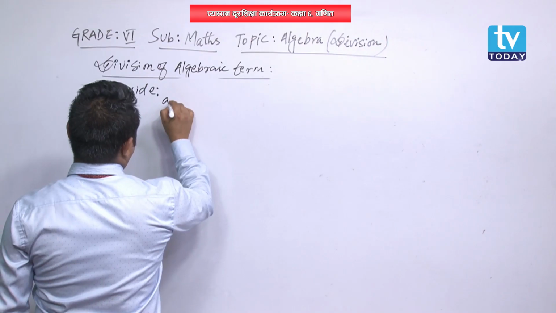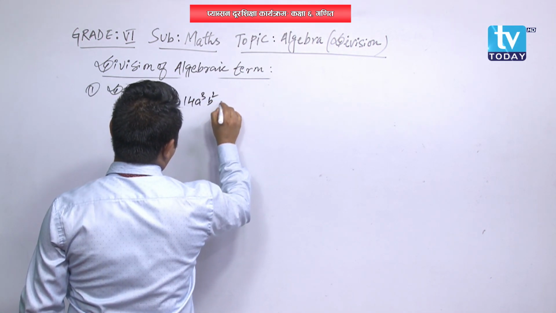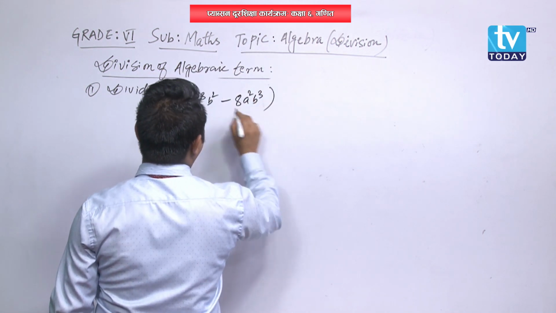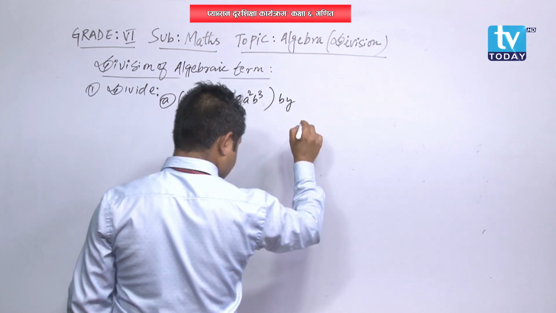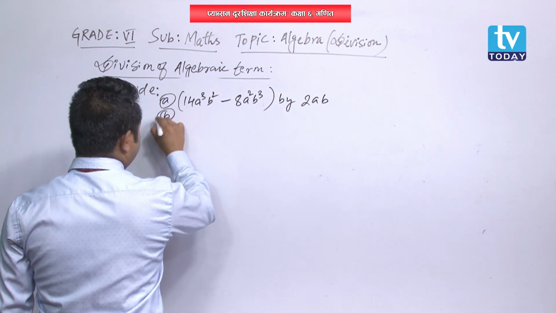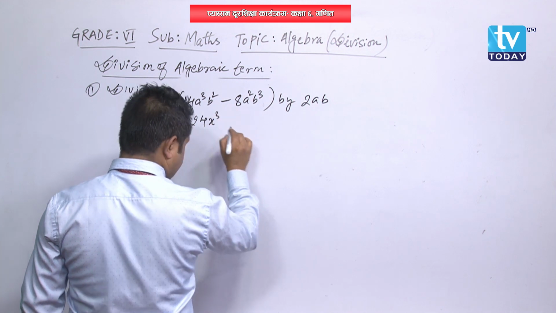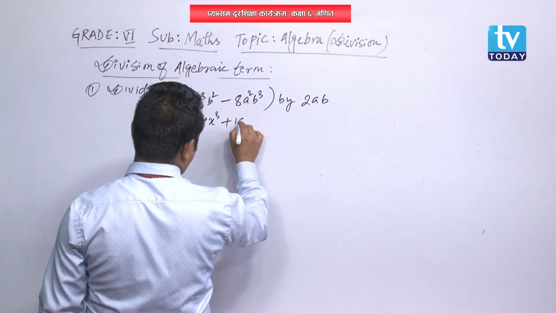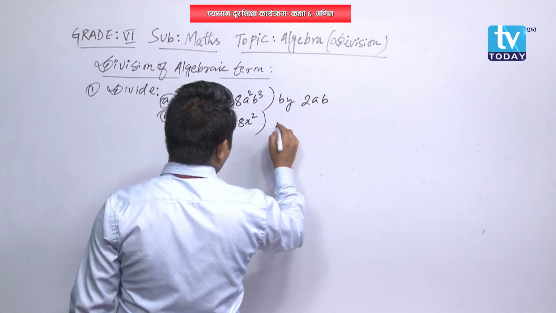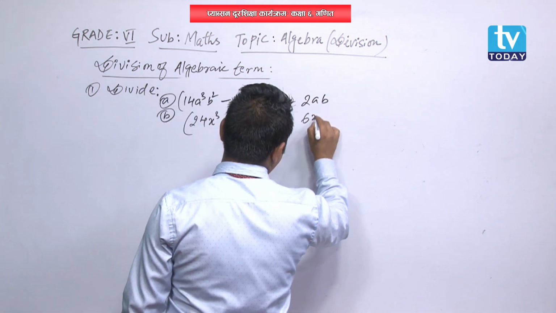Okay, good. Question A, 14 a cube b square minus 8 a square b cube divided by 2ab. Number B, 24x cube plus 18x square, divided by 6x square.